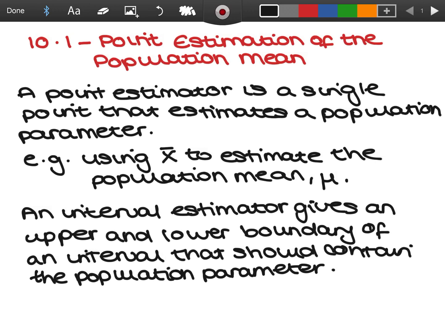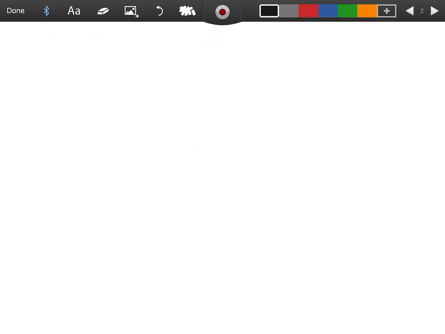So something that we use is called the mean square error, and we've kind of looked at similar things before. The mean squared error for a point estimator, let's say the sample mean for some sample in the population, would just be the expected value of the difference between the sample mean and the population mean squared.